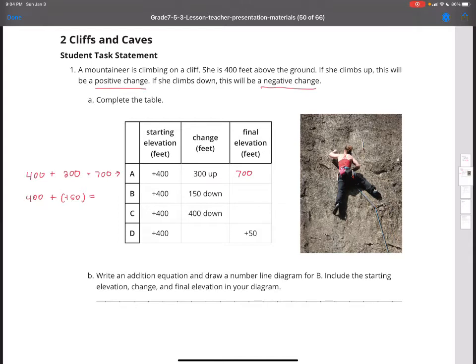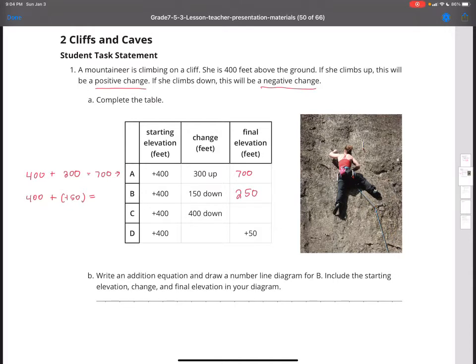Okay, so when I see 400 plus negative 150, it's almost like me saying 400 minus 150. So I could say 400 minus 100 is 300. 300 minus 50 will give me 250.